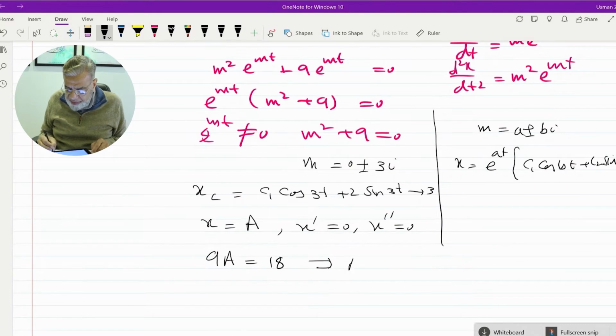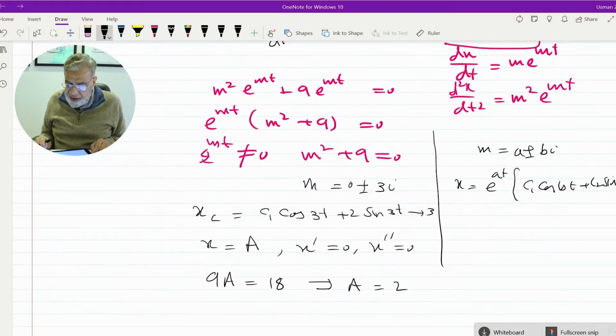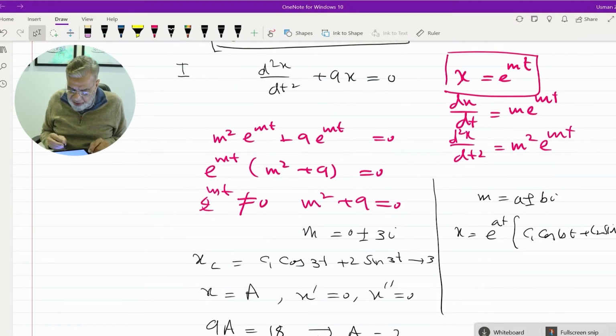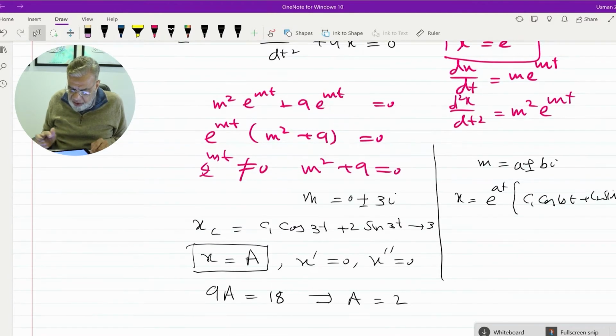That implies a is equal to 2. So our xp, the particular solution, is equal to 2.